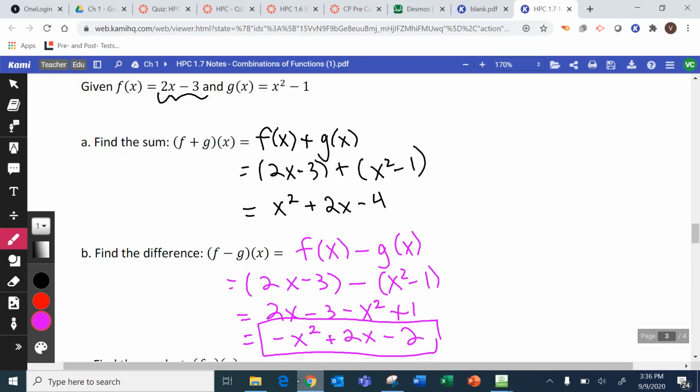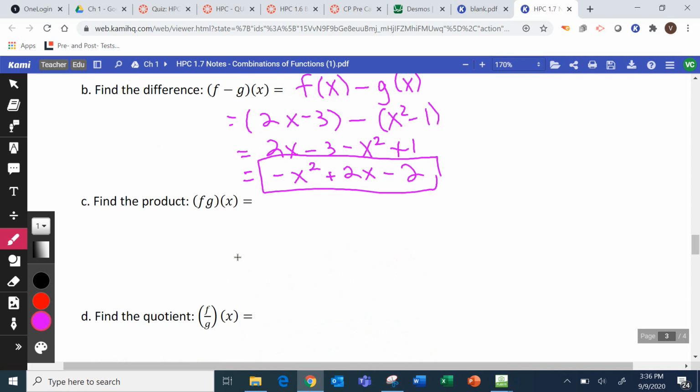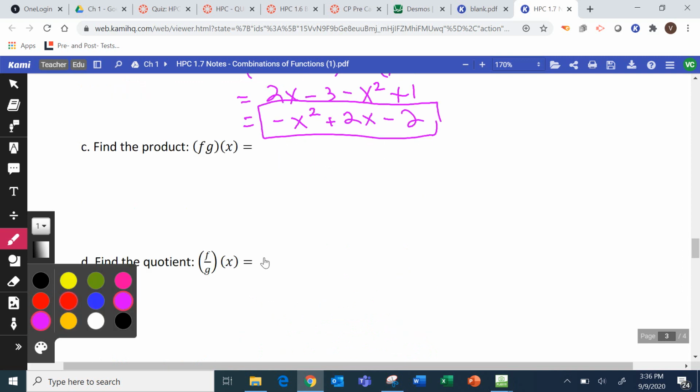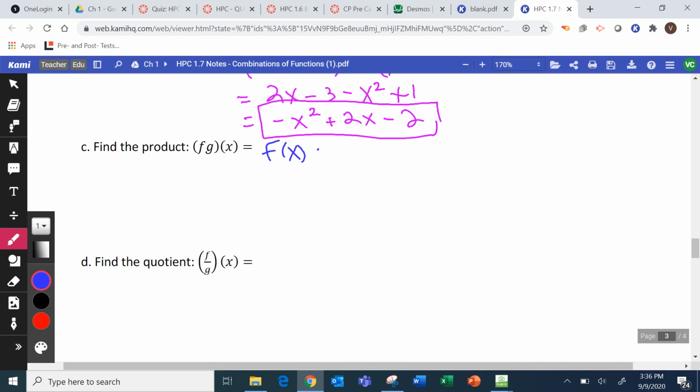All right, next, product. So fg of x would be the same thing as f of x multiplied by g of x. So we're going to take 2x minus 3 and multiply that by x squared minus 1.